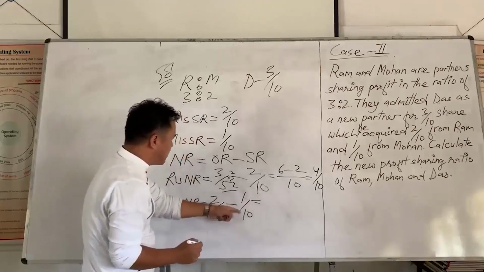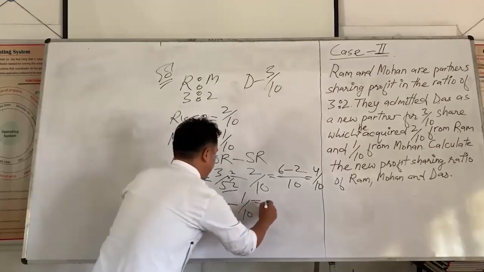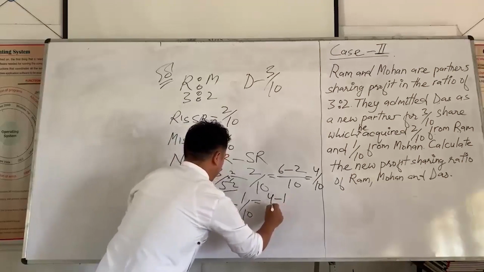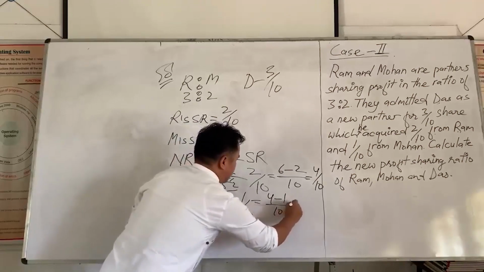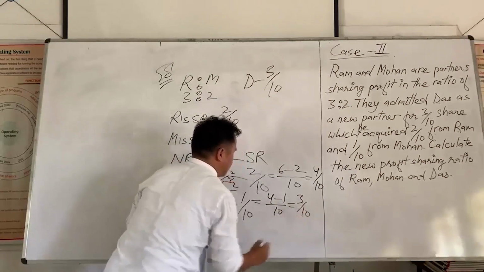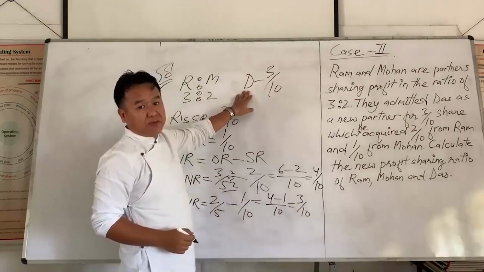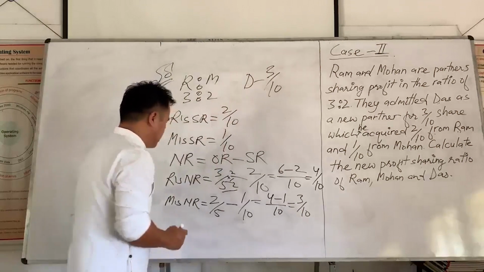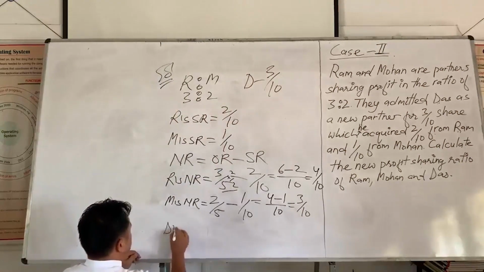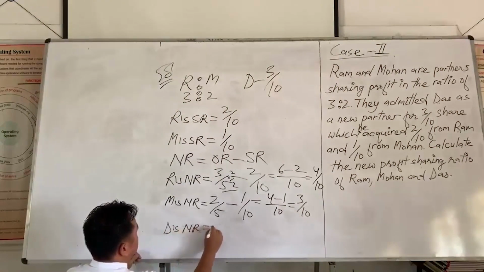So if we deduct 1 by 10 from 4 by 10, then we will get how much? 4 minus 1 divided by 10, which is 3 by 10. And here we don't have to find Das's share because it is given in the question already. So his new ratio is 3 by 10.